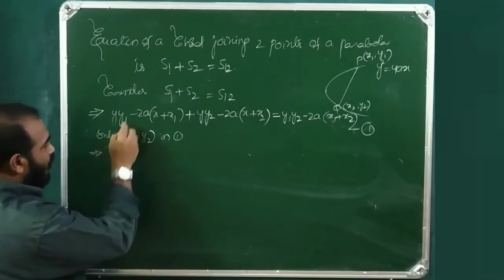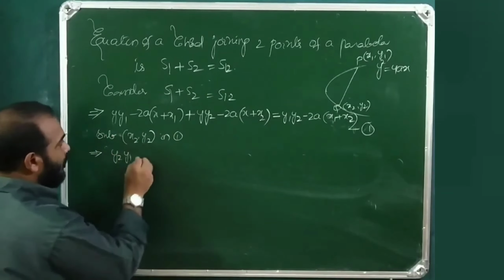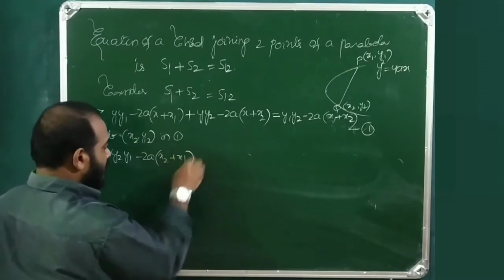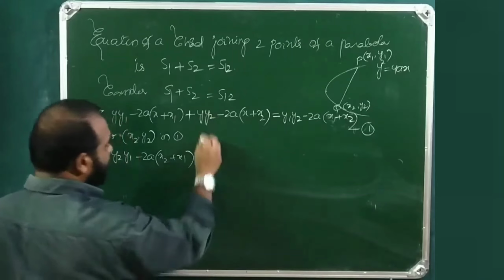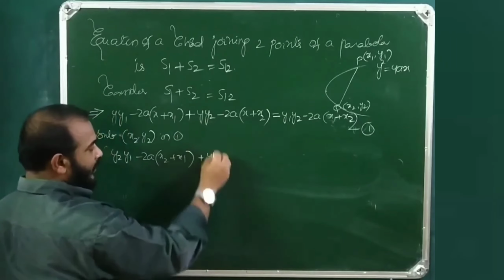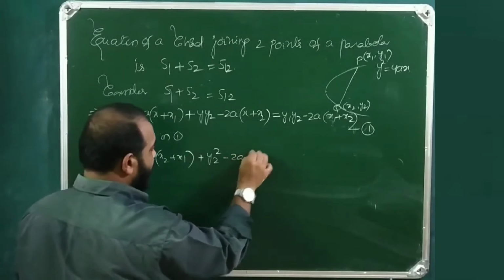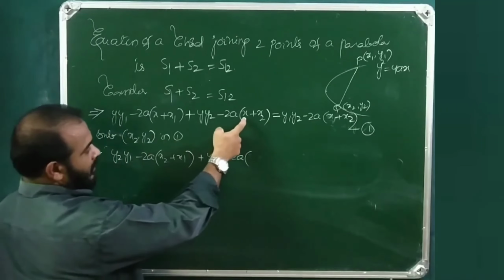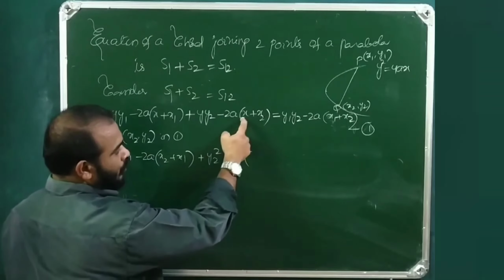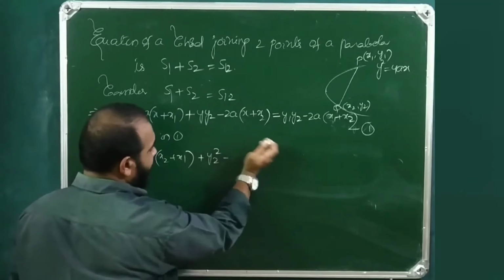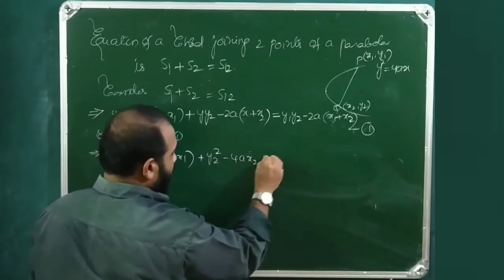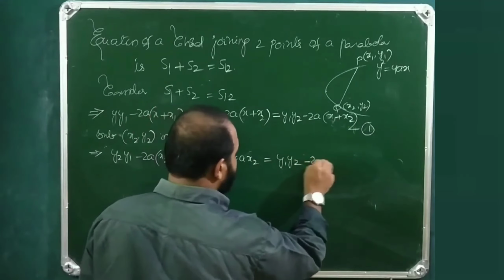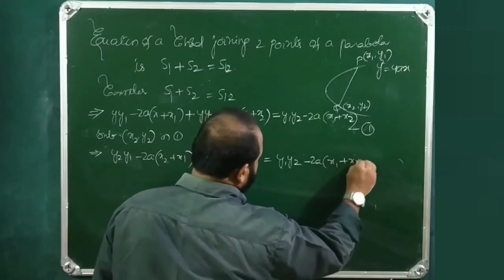Then y2 y1 minus 2a into (x2 plus x1), plus y2 square minus 2a into (x2 plus x2), that is 2x2, 2 twos are 4a x2, equals y1 y2 minus 2a into (x1 plus x2).